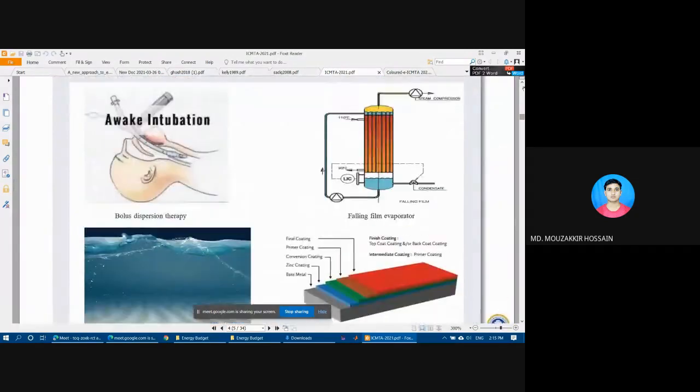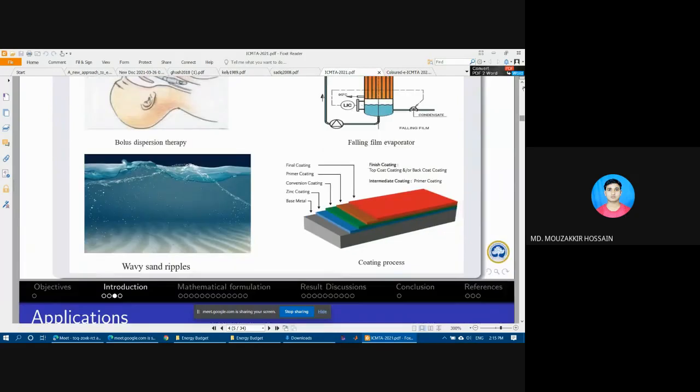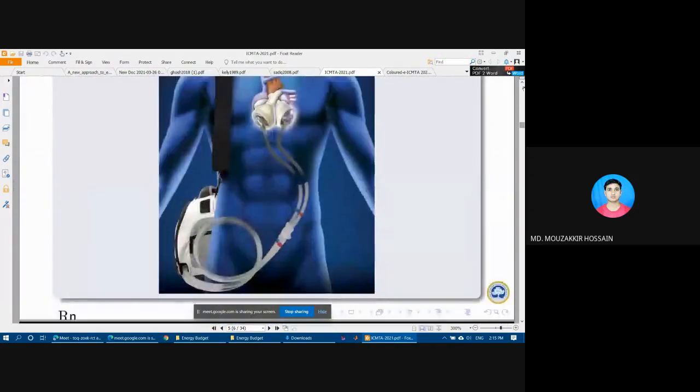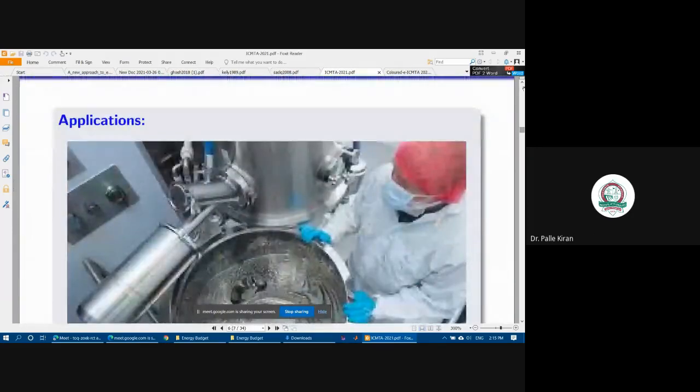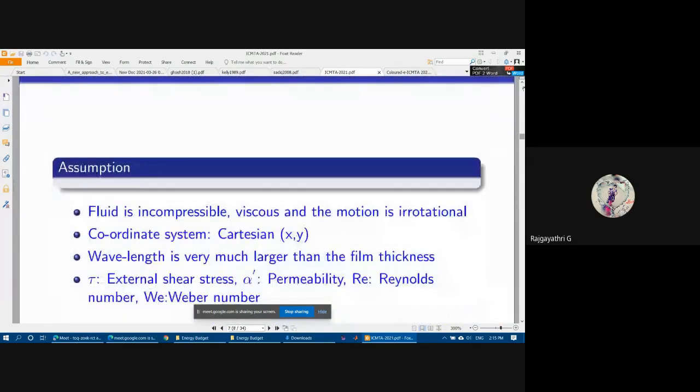Here it is applicable: instability of a thin film under various small parameters. This is also an application in heart transplants, and in industry.